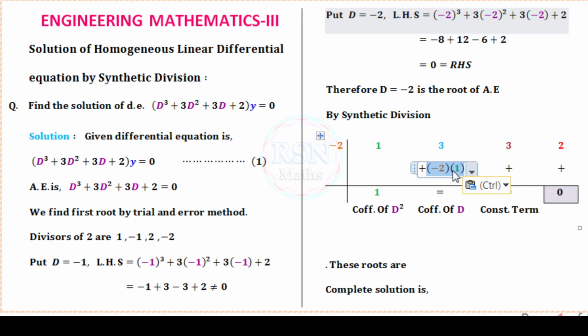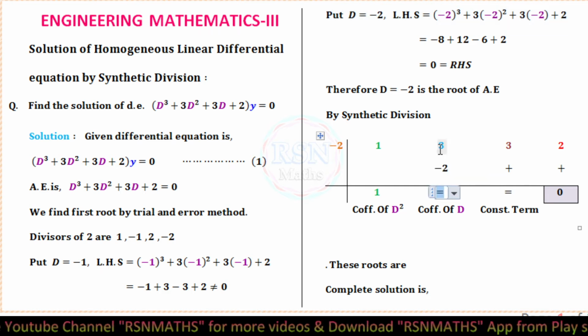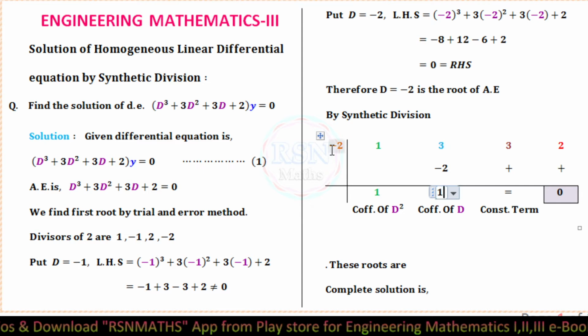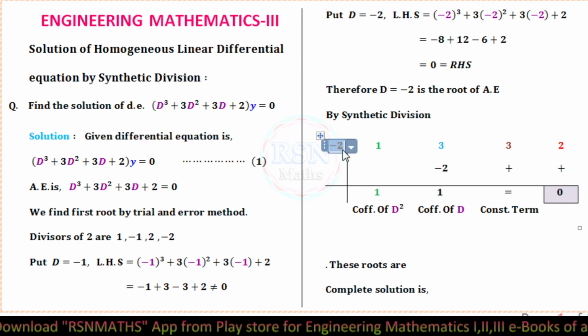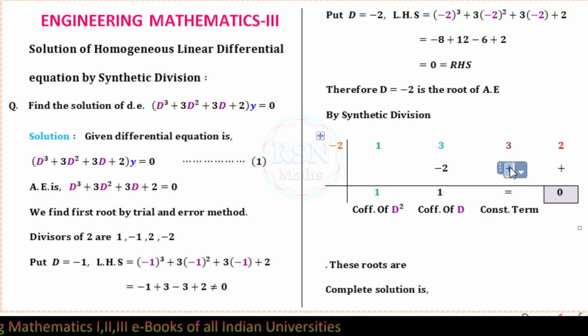Product of -2 and this element, total is -2. Okay, after simplification 3 and -2 is plus 1. Again you have to multiply -2 and this element and add it with this element. So what can we get here? -2 into 1 is again -2.